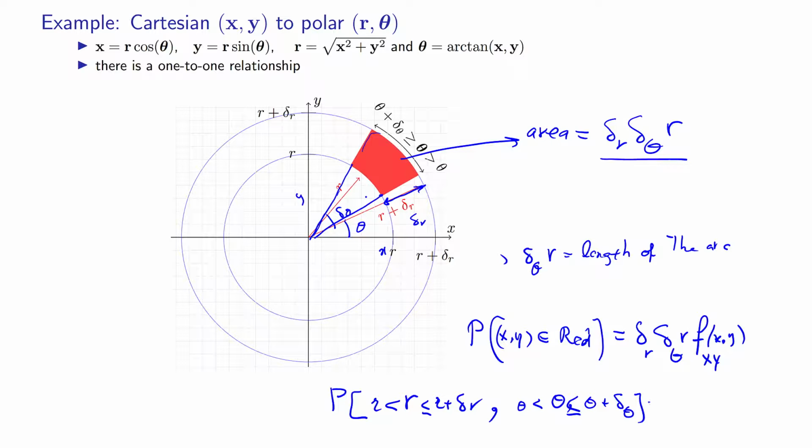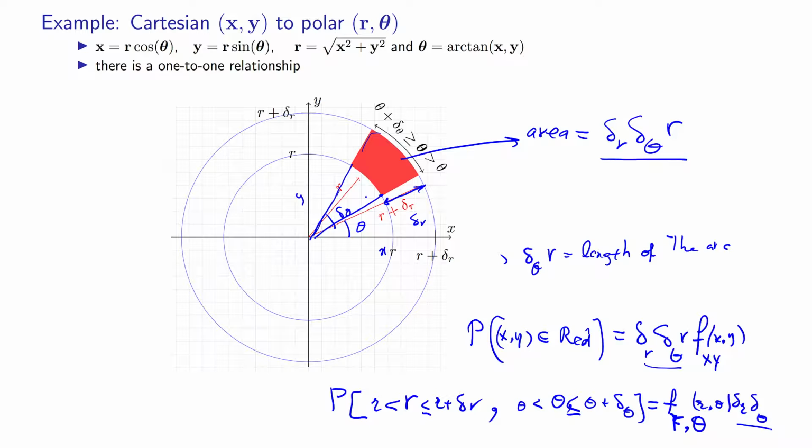Obviously, by definition, this is equal to the PDF f of r and theta of r and theta, times delta r, delta theta. So these two probabilities are equal, and then you could simplify it. So this term and this term will cancel.